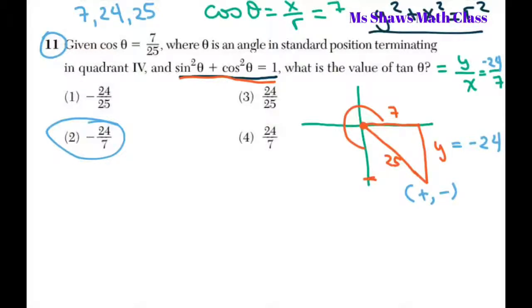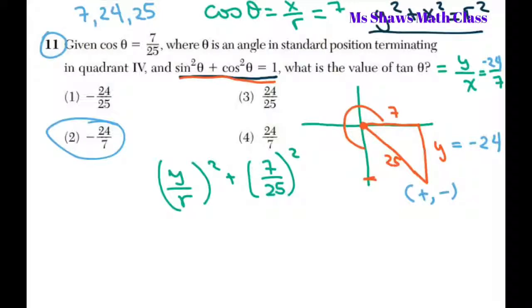Now, if you did use the formula, which would take longer, but you could use it, you'd get, so sine is going to be y over r squared plus 7 over 25 squared equals 1.